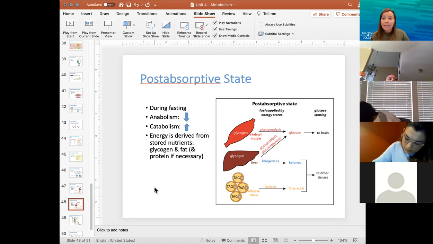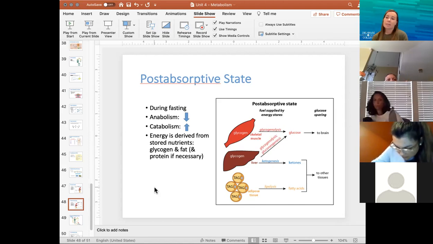Lipogenesis, that's making and storing lipids, that's not going to happen. But instead, what you're doing is lipolysis. You're breaking down your stored fat to release nutrients into the blood. So that is happening. And then protein synthesis is not happening. You've not just eaten.